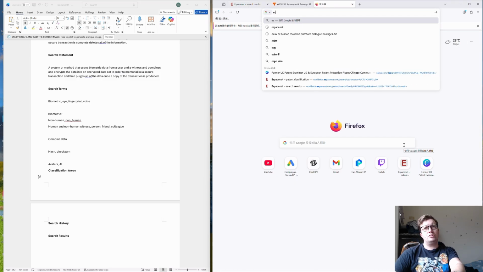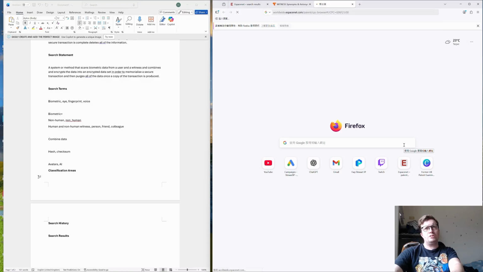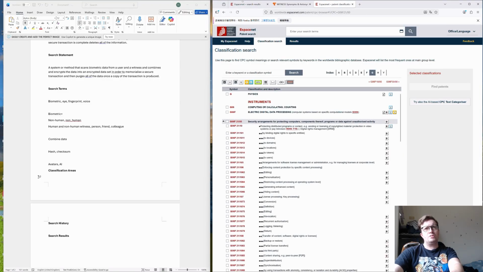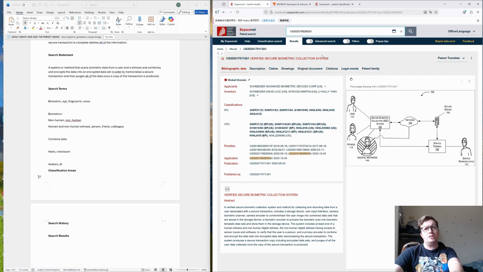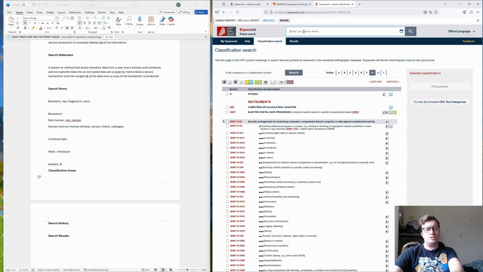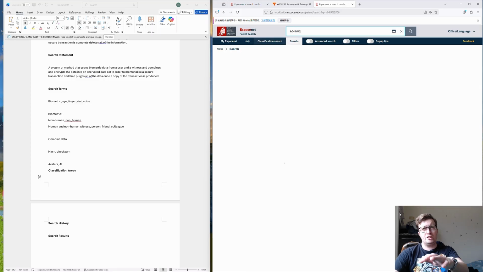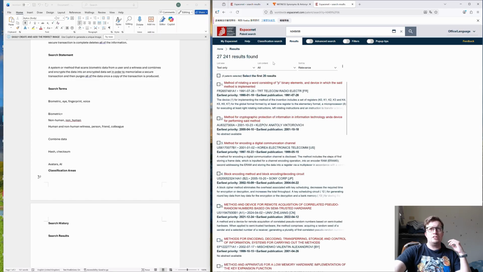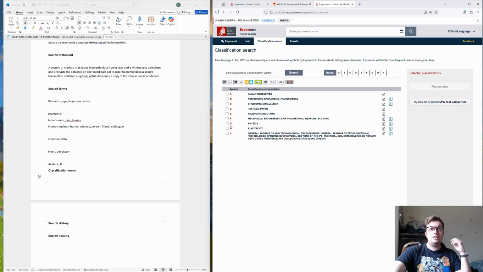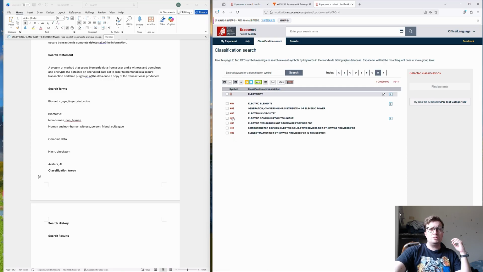Where did they classify this? This is cheating a little bit, but what we got is H04L 9/06. What is that? I think H04L is telecoms, if I'm not mistaken.